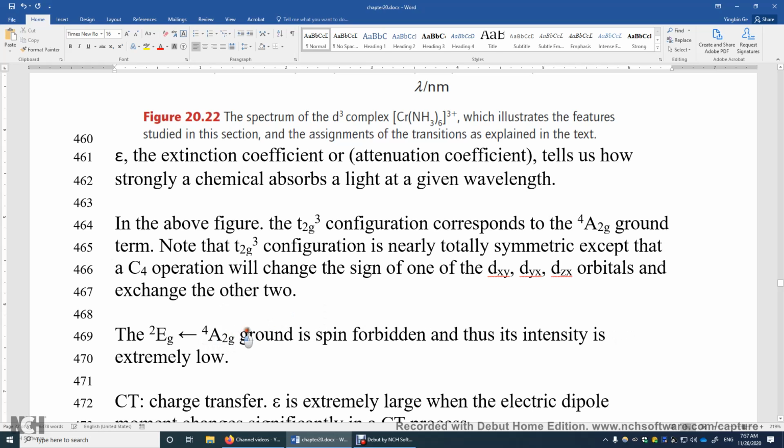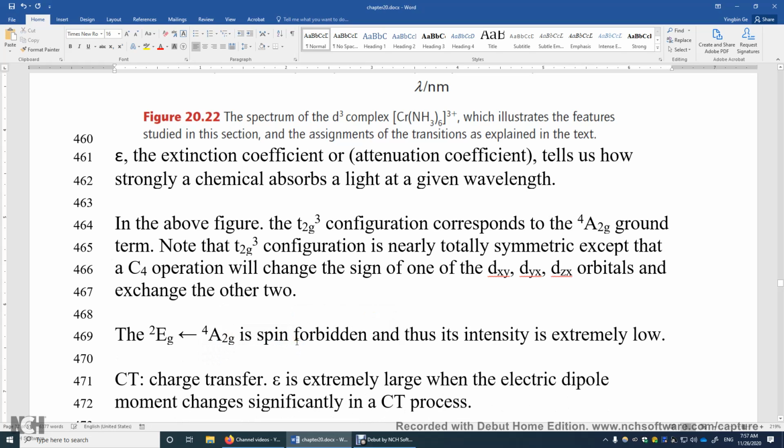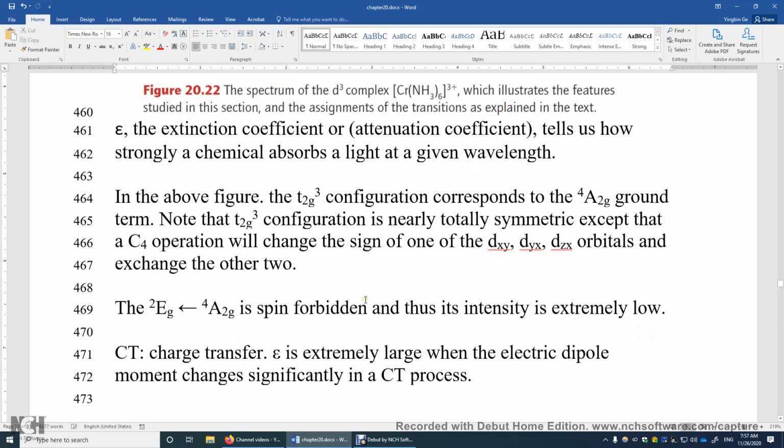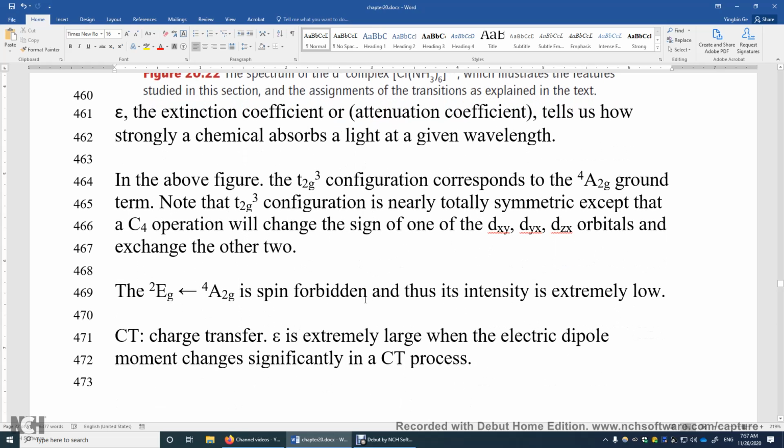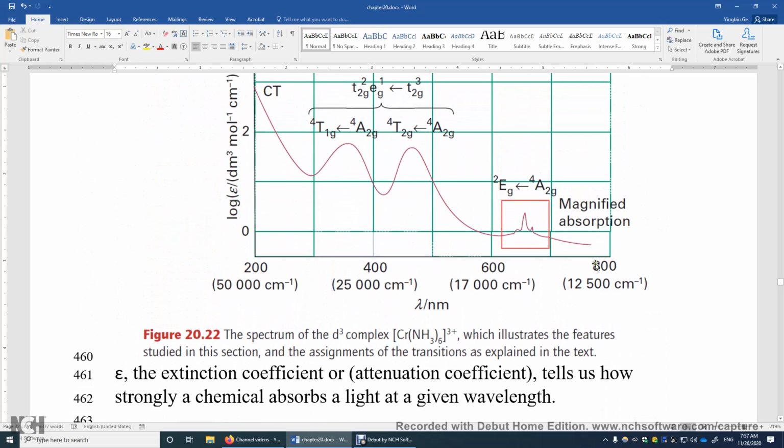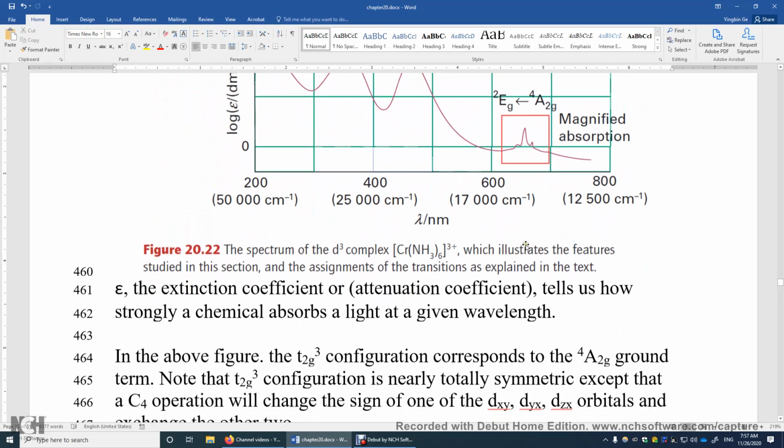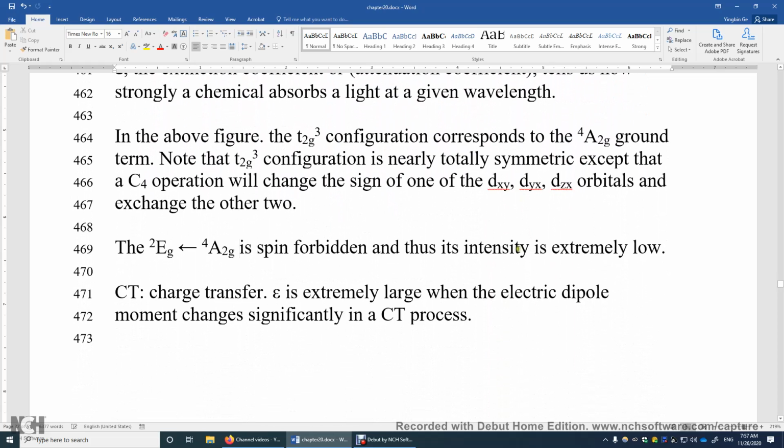It's spin forbidden. That means you can't just arbitrarily change the spin of an electron from alpha to beta or from beta to alpha. That's why the intensity of this transition is extremely low. So this is small enough, but this is already magnified. Okay, and then charge transfer.